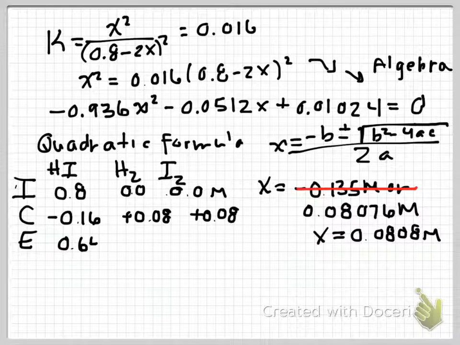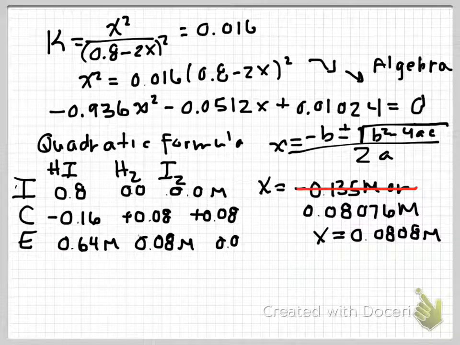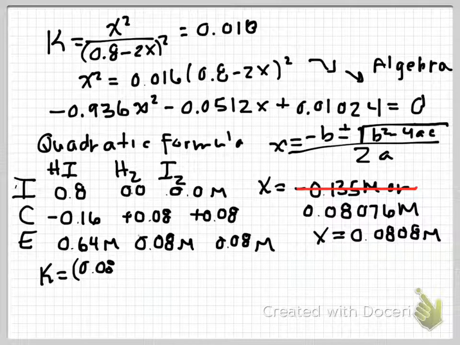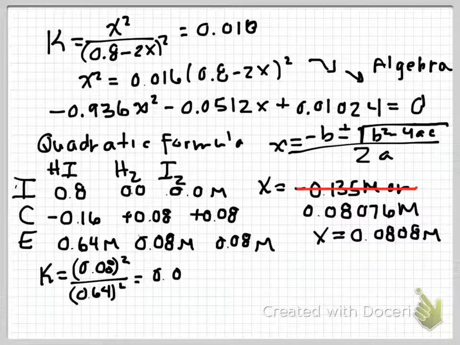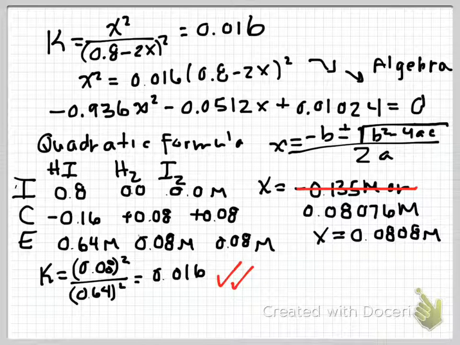That leaves us with our equilibrium concentrations of 0.64, 0.08, and 0.08. Put that back into our K expression. That gives us 0.08 squared divided by 0.064 squared, which actually does come back and equal 0.016. And with that, we have solved the problem.